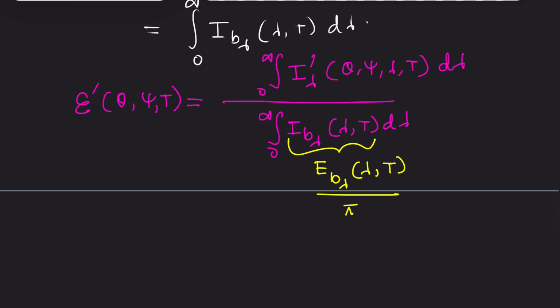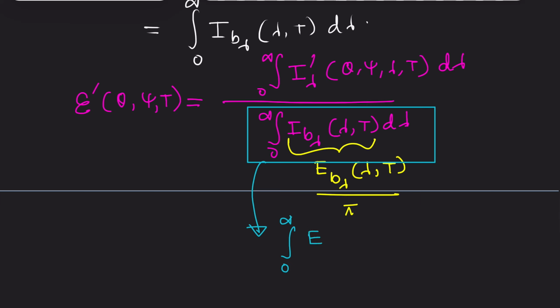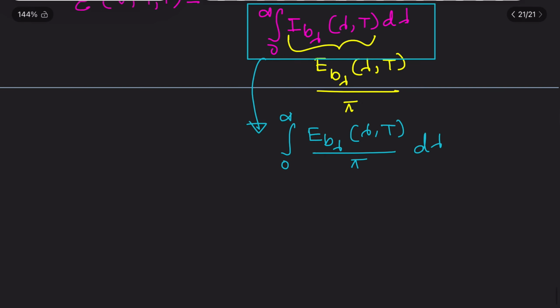Now you see, this is just a different representation. Now that means this denominator part becomes the integral from 0 to infinity of e_bλ(λ, T) by pi dλ, right?